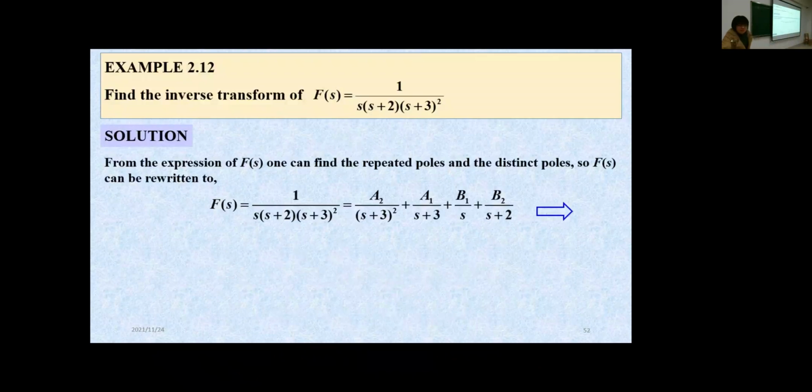First, the first two steps are the same, right? What we make sure of is that we want to separate the fraction into four parts. The denominators are the pole, the repeated pole, and the square of the repeated pole. And we get A2, A1, B1, B2 by using the way we just used.